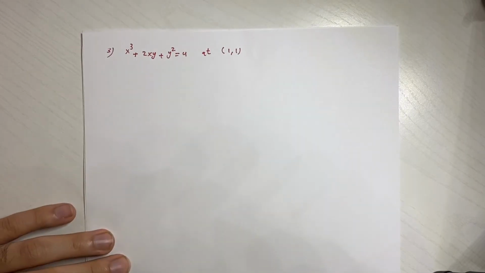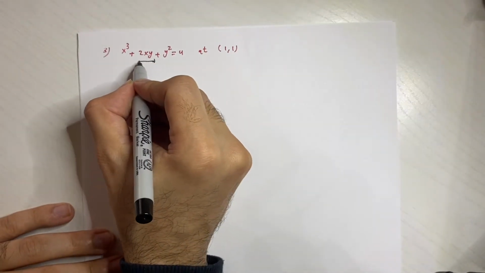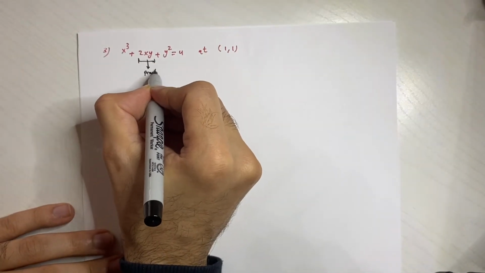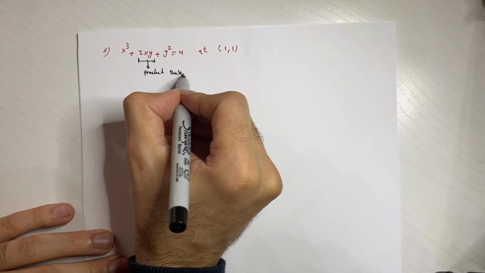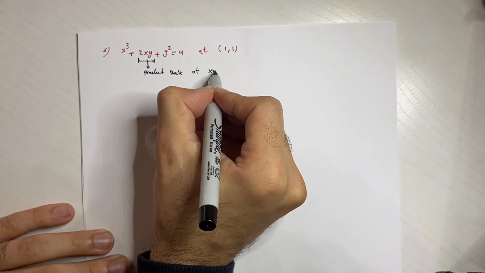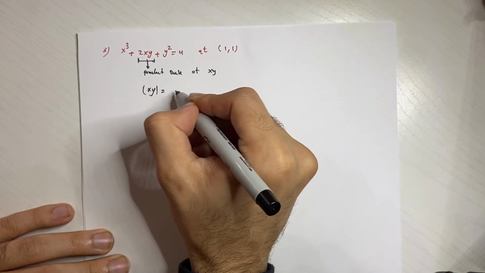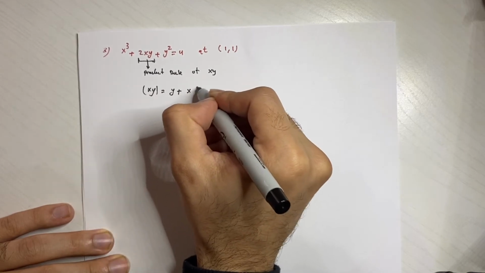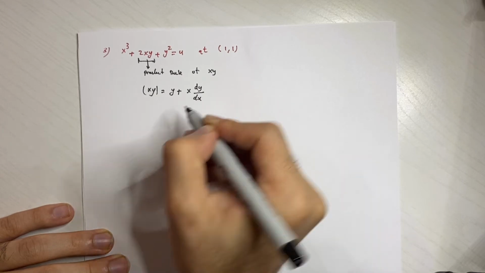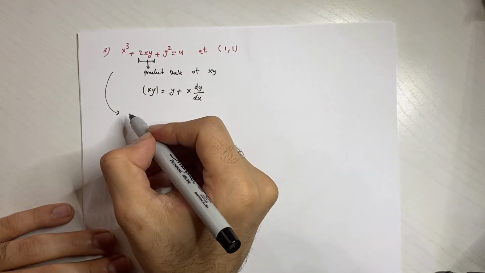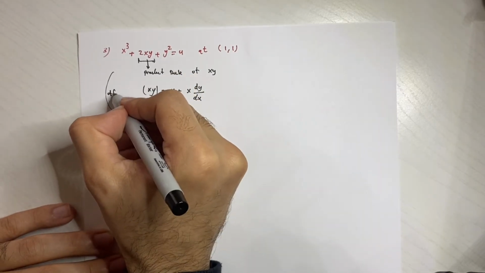Here we have x cubed plus 2xy plus y squared equal to 4. We want to evaluate that at (1, 1). First, I notice the second term, when we differentiate it, we need to use the product rule. So I'm just applying the product rule here, and then I'm going to differentiate the whole term.